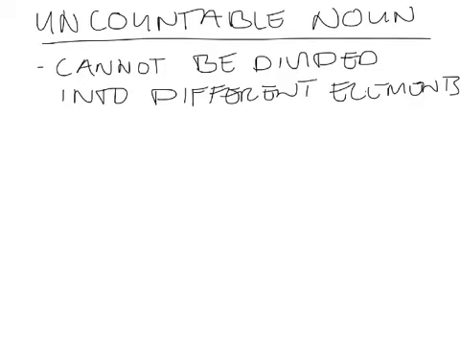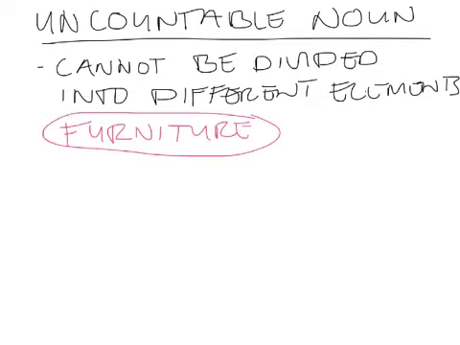For example, the word furniture. Furniture is one element.